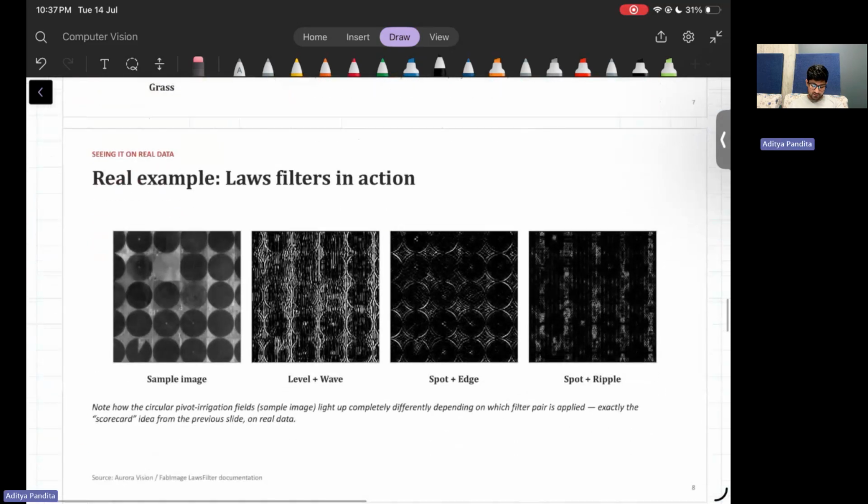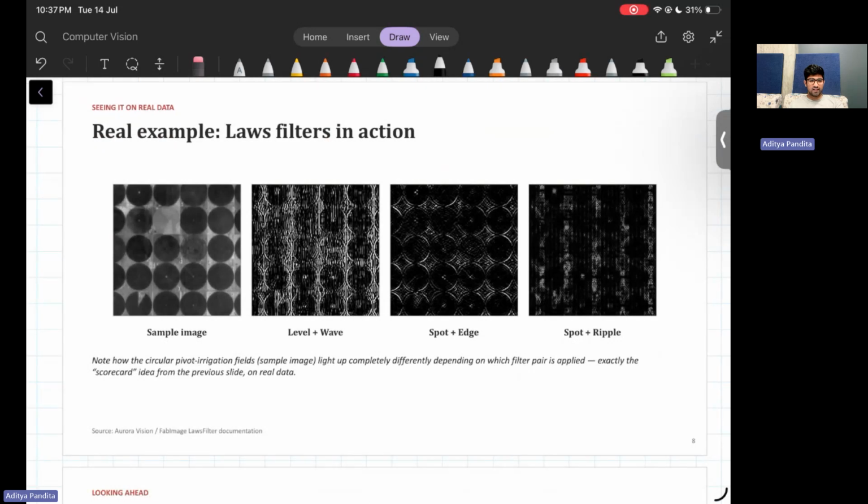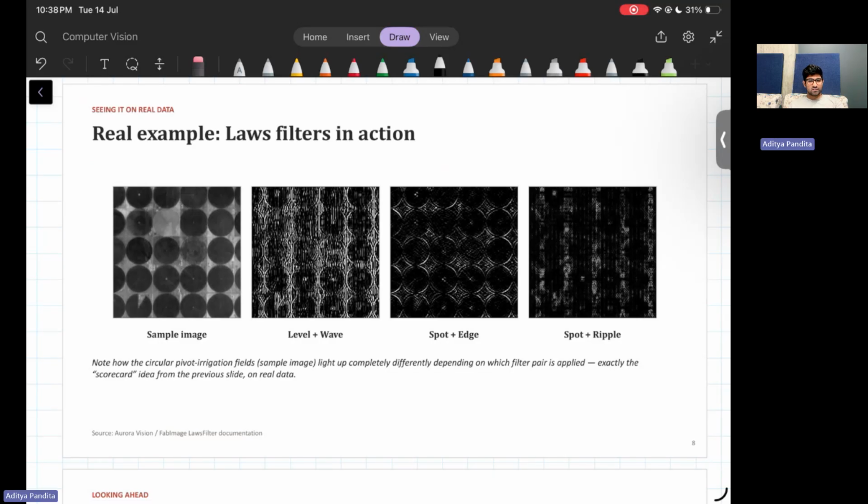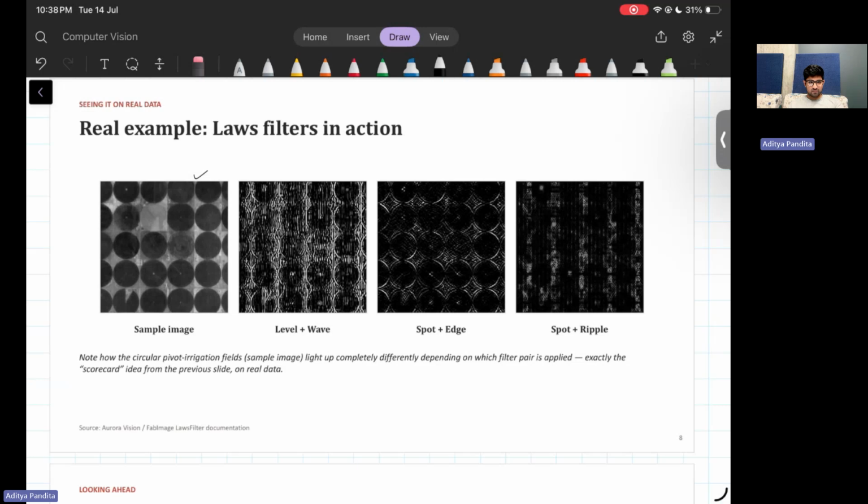Next is slide 8, where we can see real world example data from satellite imagery. The source for this was Aurora's vision documentation, and the subject here is a satellite image of circular pivot irrigation crop fields. In the original image, you can see circular fields plus a grid of roads between them. In the filter outputs, with level plus wave applied to the original image, you can see not the edges but some kind of wave and level features.